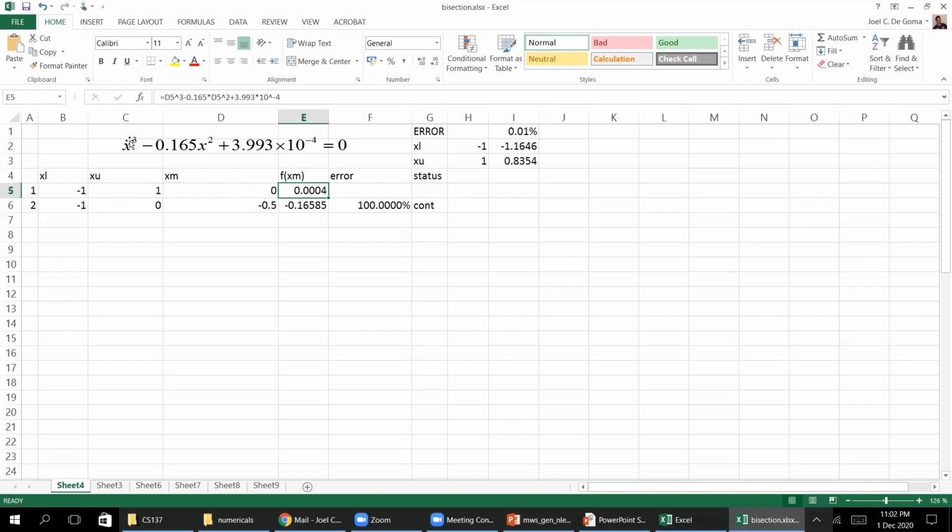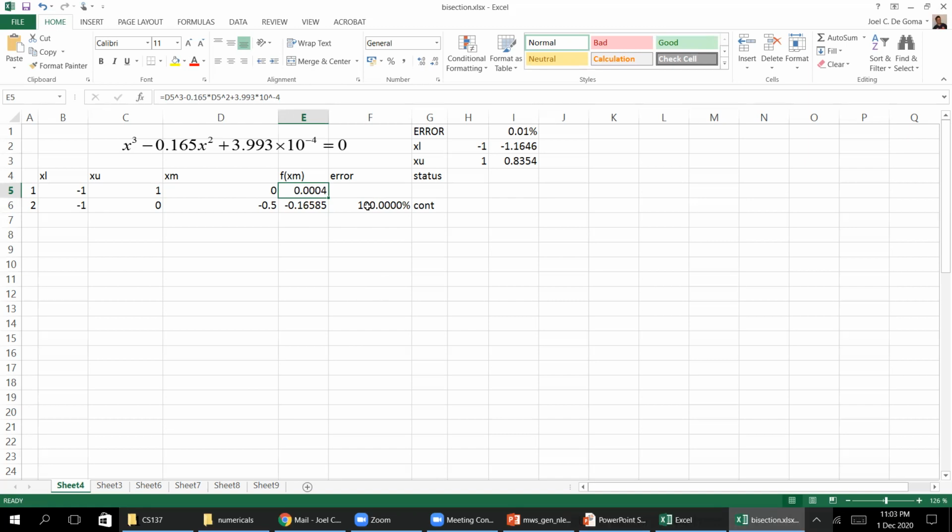Then substitute it to our equation, we have negative 0.16585. And definitely the error is big since this is our second iteration. To get the error, the first error that we're going to get is from the second iteration, since in the first iteration we don't have two x sub m.